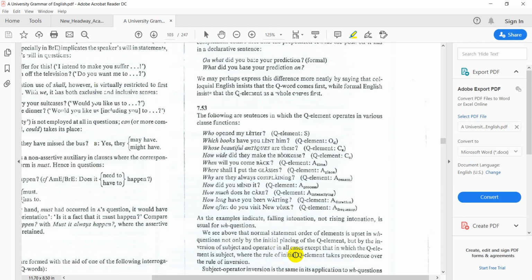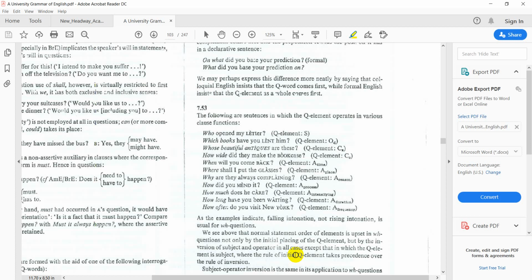So all the time the operator precedes the subject. So I have the WH word, then the operator, then the subject, then the main verb and the complement of the sentence, then I put the question mark. Of course, if I ask about the subject, in which case it is who, here I never use the inversion between subject and operator.